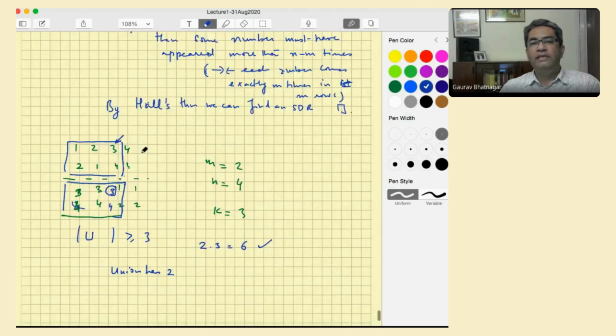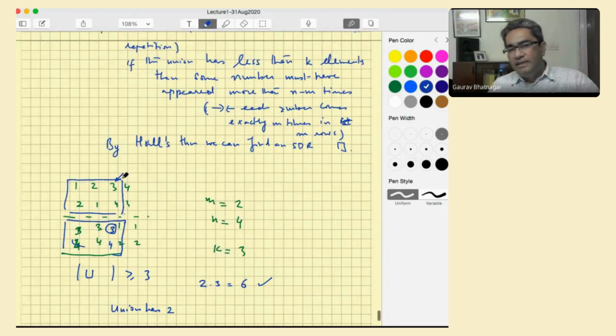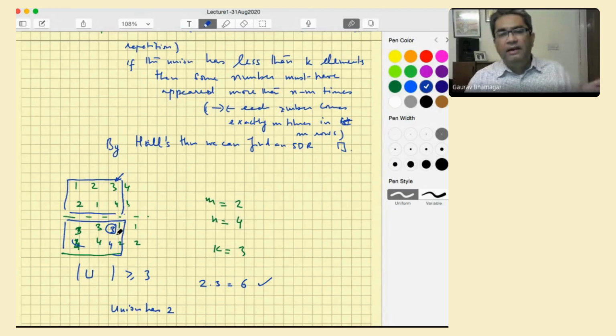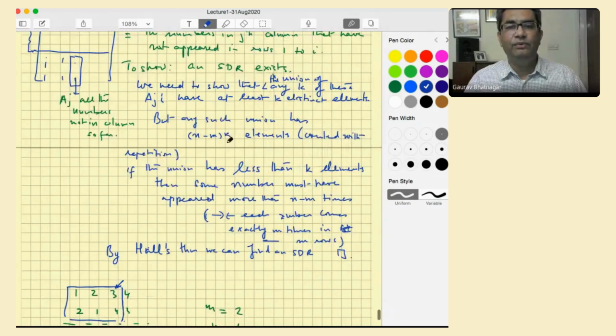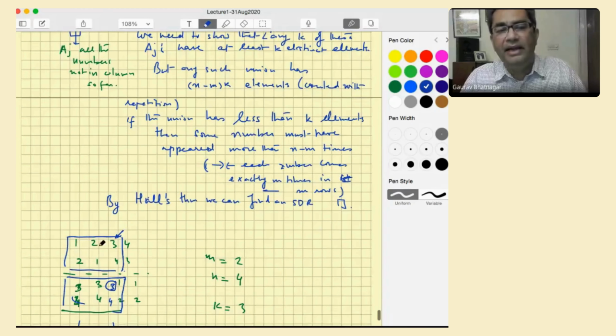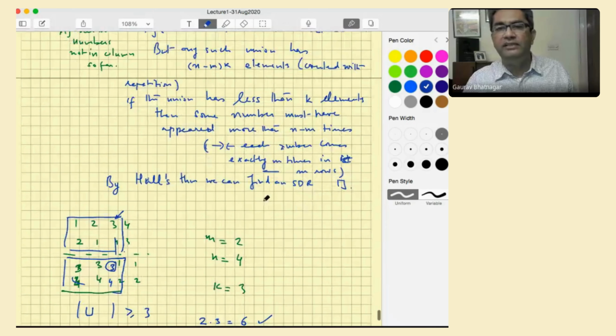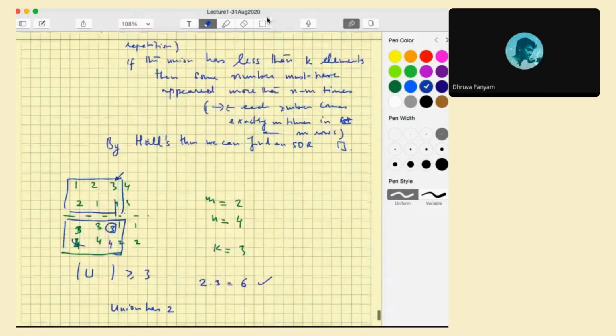That's what he's trying to say. Okay, I think I got it. The contradiction happens in the other part, because that number comes exactly n minus m times here. Essentially, it's trying to say that this is less than or equal to this and bigger than or equal to n minus m times k, because each number has come m times already. So that's another way of looking at it.